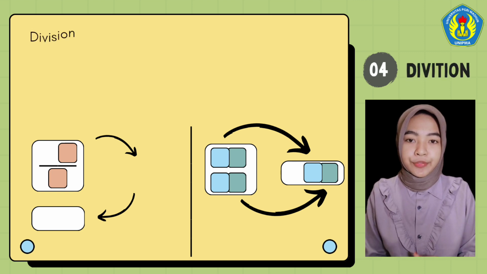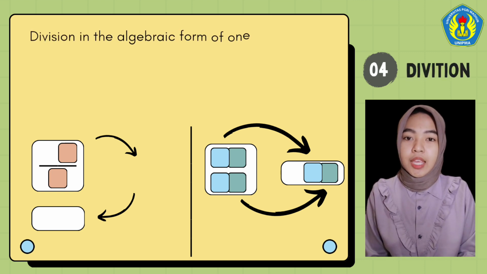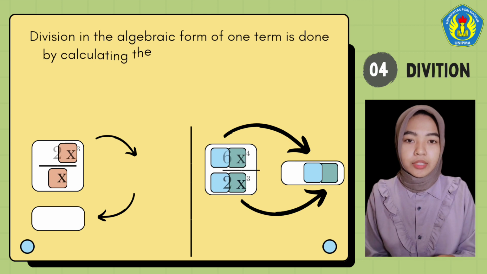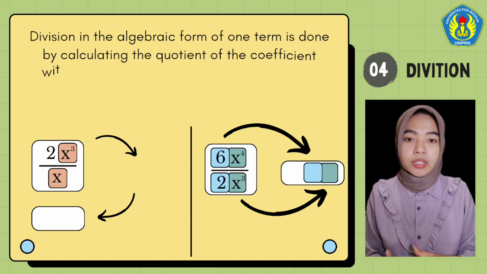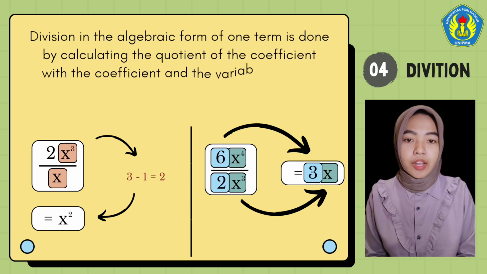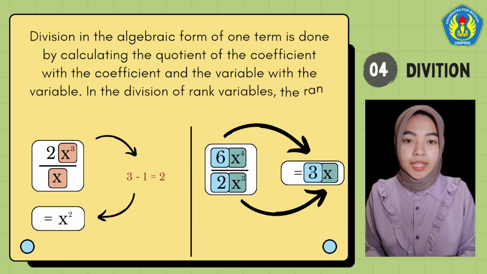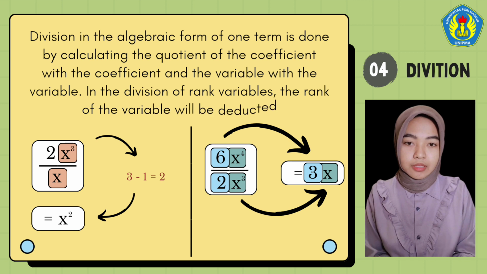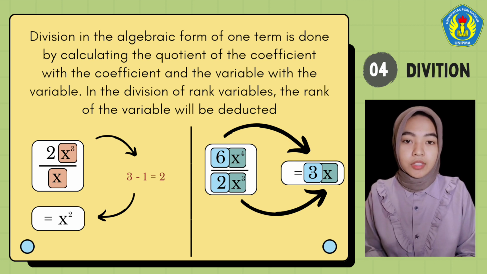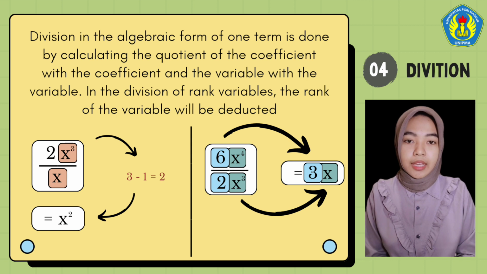Division in the algebraic form of one term is done by dividing the coefficient by the coefficient and the variable by the variable. In the division of variables with powers, the powers of the variables are subtracted. For example, 3x cubed divided by x.